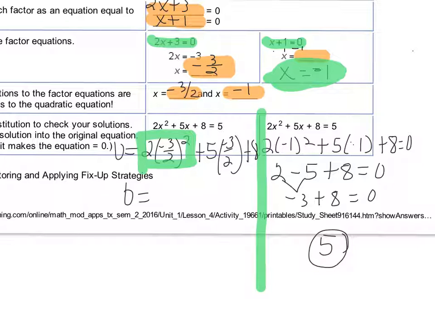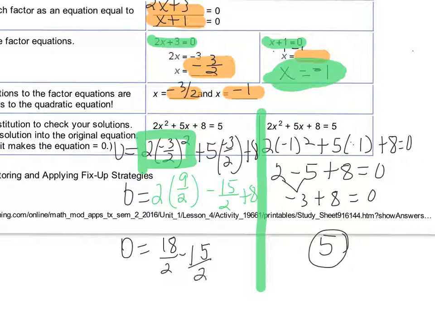So you got 2 times negative 3 squared is 9 over 2, plus, well, minus, because negative 3 times 5 is 15. So negative 15 over 2 plus 8. I chose to do mine by hand, so you have 0 equals 18 over 2 minus 15 over 2.